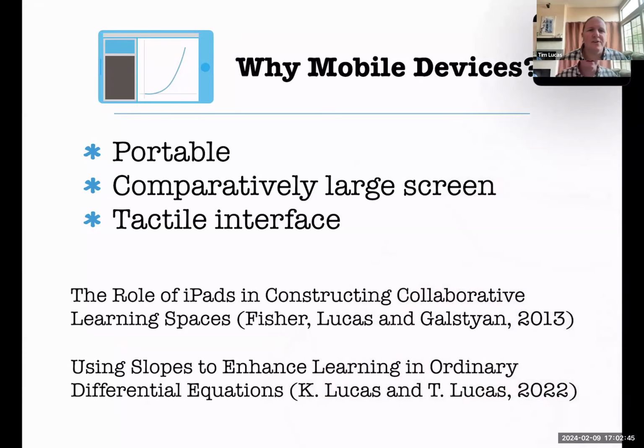Back in 2010, the first iPads came out, and Pepperdine purchased a bunch just to see what they could do with them educationally. A colleague and I ran a little study of using iPads as spreadsheets and also as graphing calculators in our classroom.